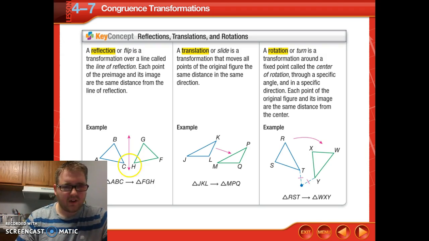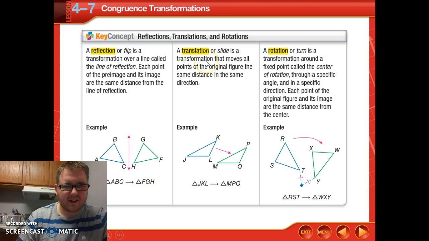You have what's called the pre-image, this triangle ABC, and the image which is created from the reflection, which is triangle FGH. And then you can see there they've used this arrow to represent the fact that triangle ABC has been reflected to triangle FGH.